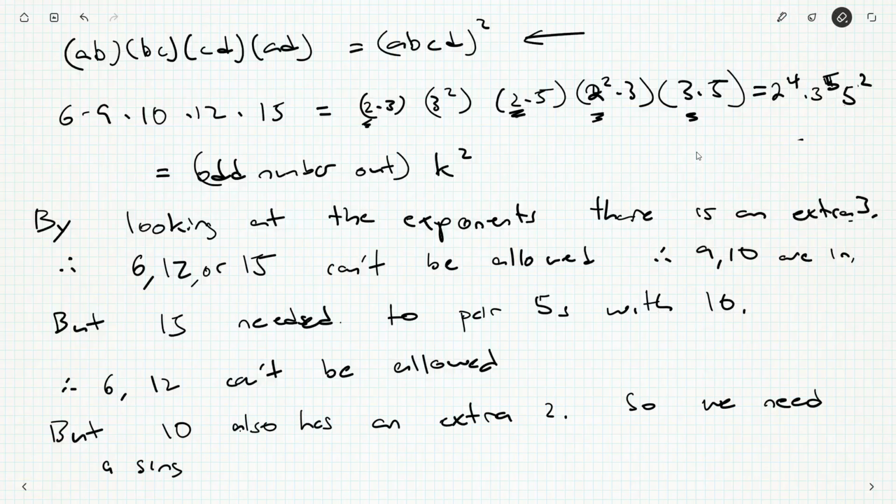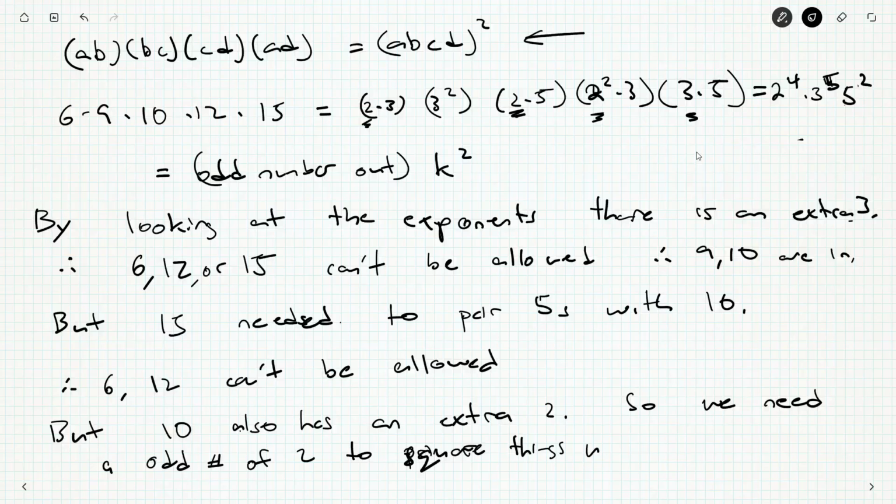So we need an odd number of 2s to square everything up. So 6 is needed, not 12. So 12 is the odd one out, and I have thoroughly explained why by looking at prime factorizations.